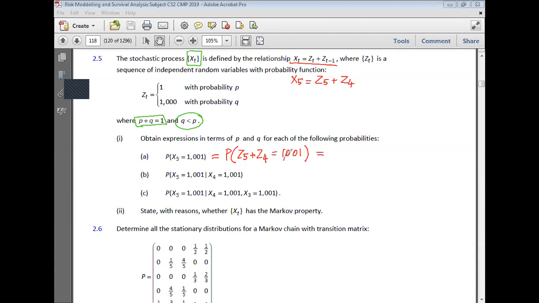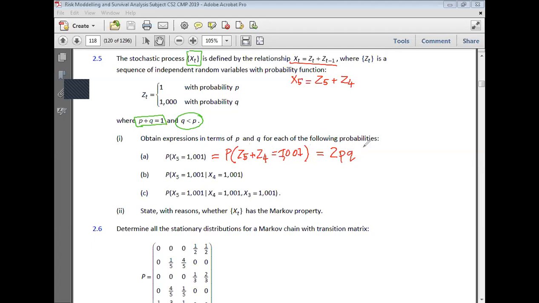And to get to 1001, there are two ways, like Z5 can be 1000 and Z4 can be 1, and Z5 can be 1 and Z4 can be 1000. Exactly right. So there will be two different ways, and you want Z5 to be 1 and Z4 to be 1000, right? So it will just be 2PQ.